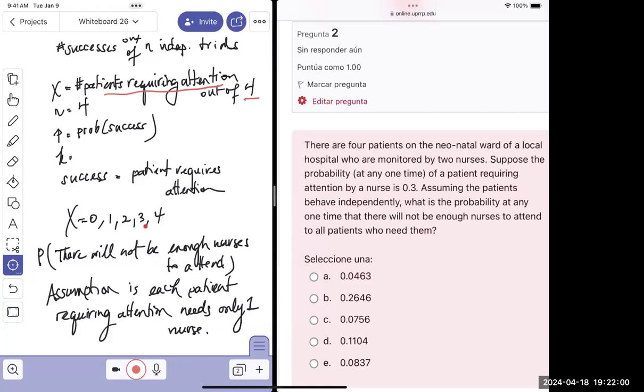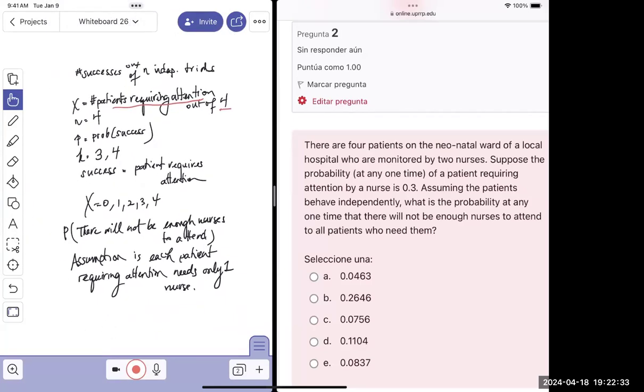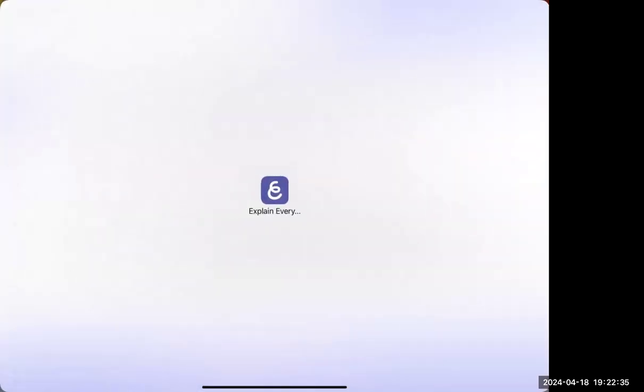If 3 patients require attention, do we have enough nurses? No, right. If 4 patients require attention, do we have enough nurses? No. So that's why K is 3 and 4. So we have to calculate the probability for X equals 3 and X equals 4 and add them together. So let's do that here.